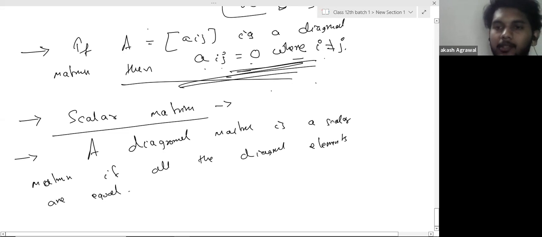Each diagonal matrix is a square matrix and each scalar matrix is a diagonal matrix. So these are the specific types of matrices in square matrix.